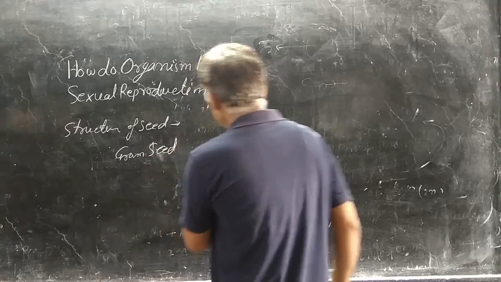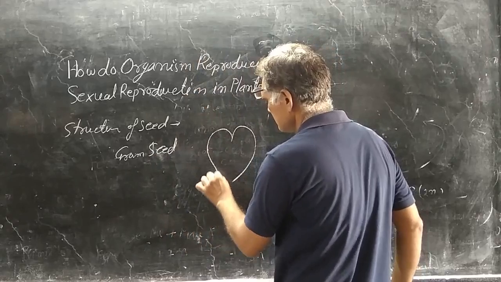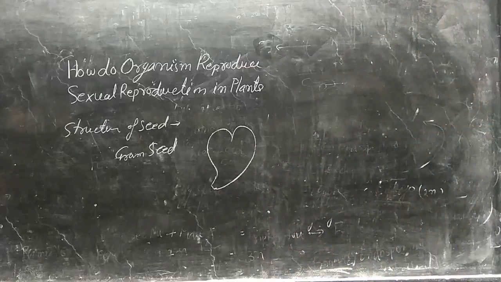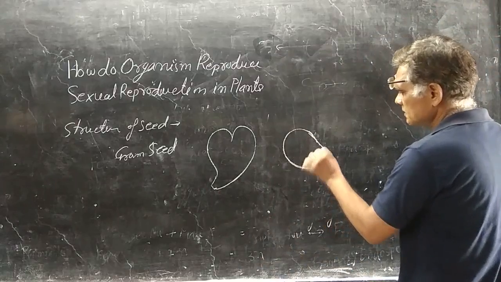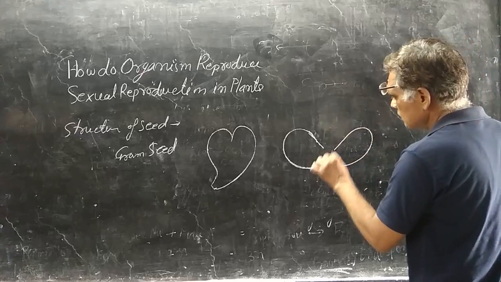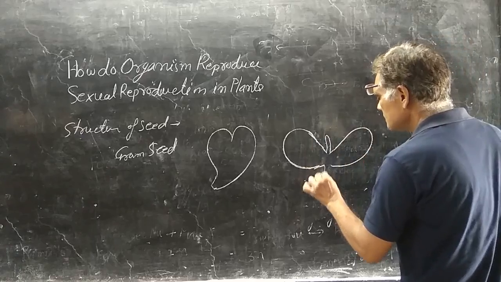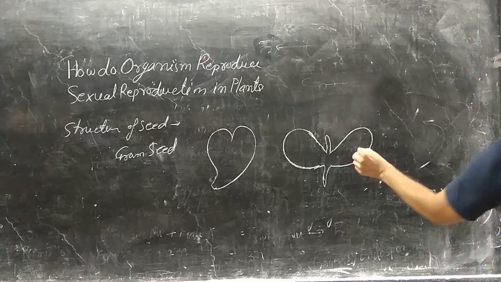Externally, the gram seed is like this, and if we open these two cotyledons, this is one cotyledon, and this is the other cotyledon. Here the embryonal axis is there. This is the cotyledon.